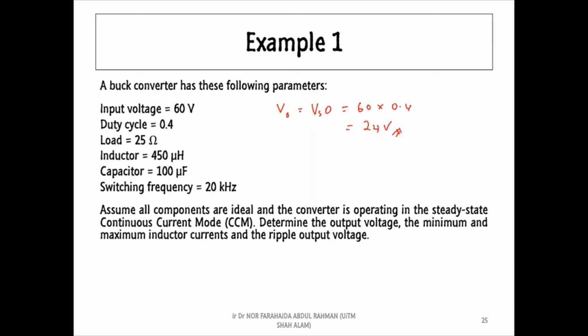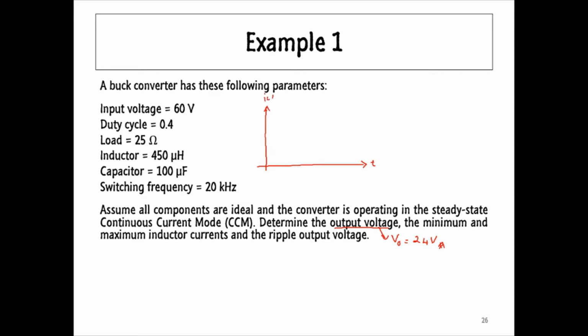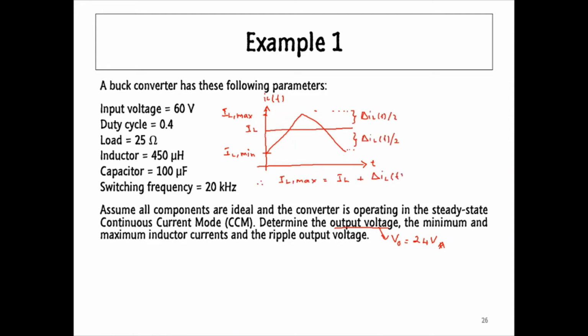It is good to memorize the output voltage equation of all DC-DC converters. Next, according to the instantaneous inductor current waveform, we can obtain these following equations to calculate the maximum and minimum amplitudes of the current waveform. Based on the equations, we need to find the value of the average inductor current.